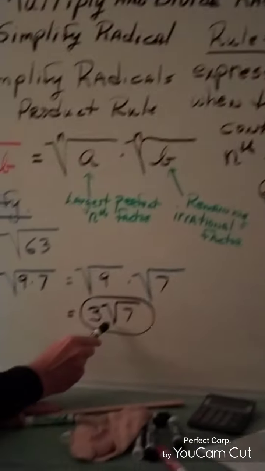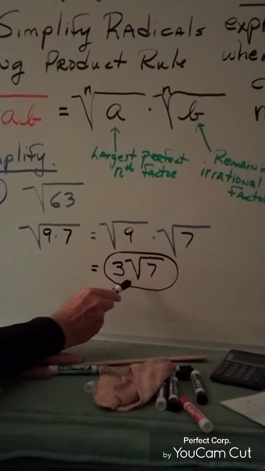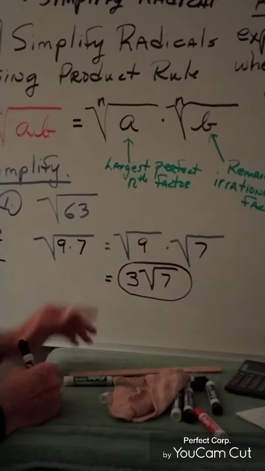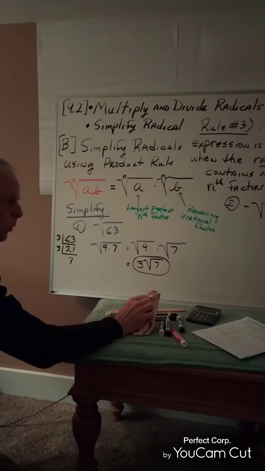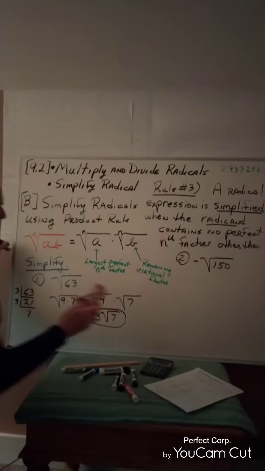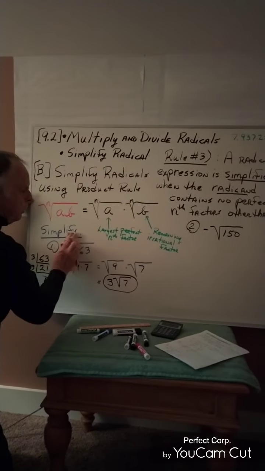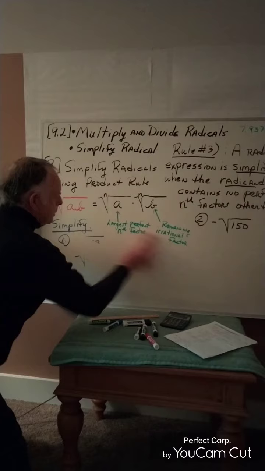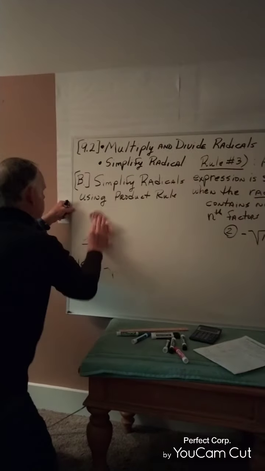This is another form of the approximated square root of 63. And that is the simplified radical form answer that we're going to use. Okay? All right. I'm going to erase this stuff right here so I have plenty of room to do the other ones that we're going to be taking a look at.